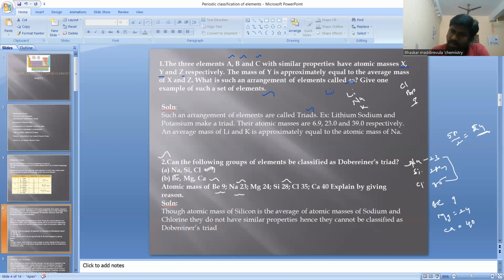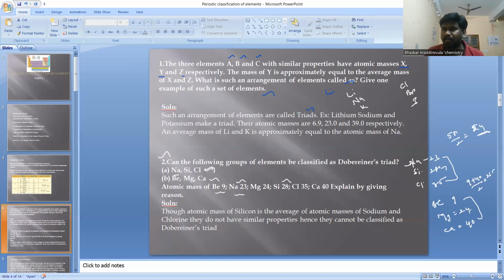Actually, these elements, beryllium, magnesium, calcium, possess similar properties. And the average of the first and third is approximately equal to the middle one. That is 9 plus 40 by 2 is equal to 49 by 2, so you will get around 24.5.